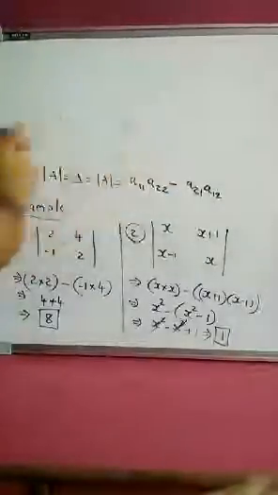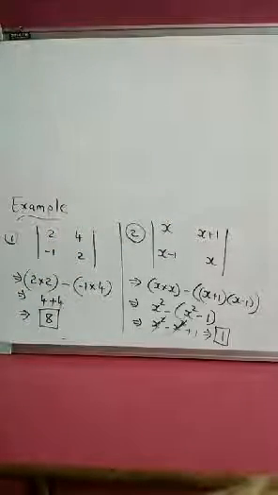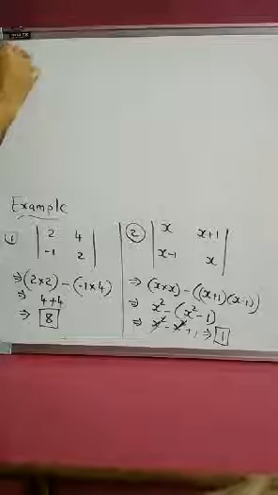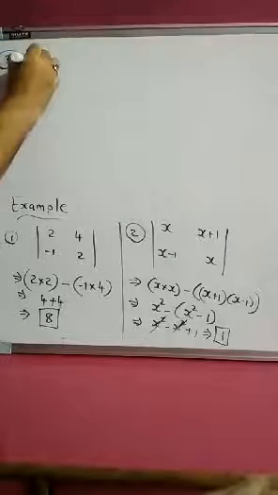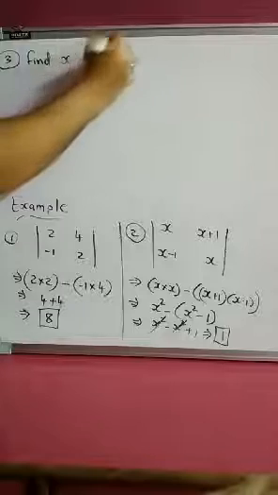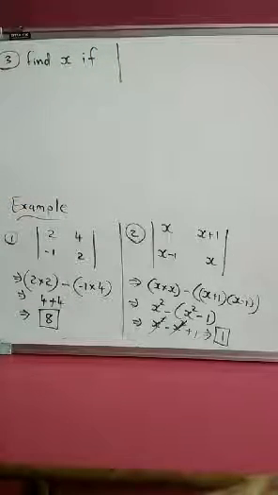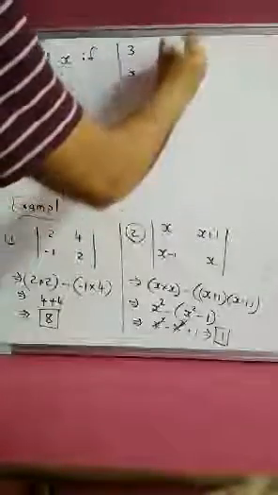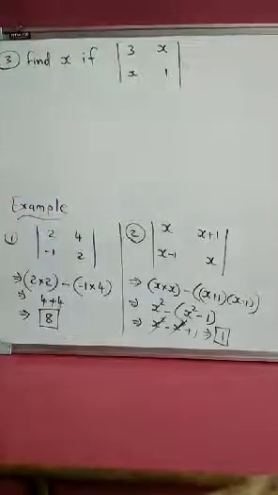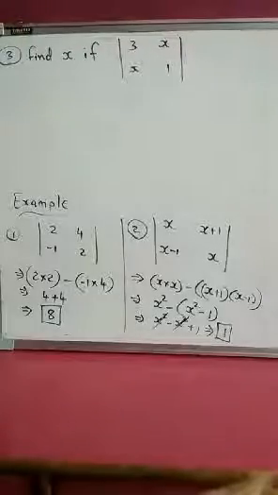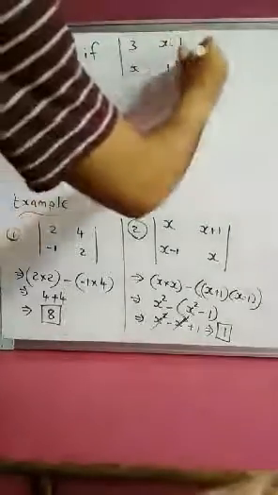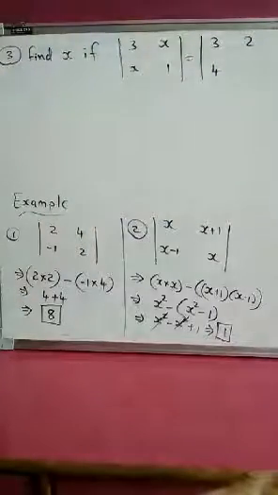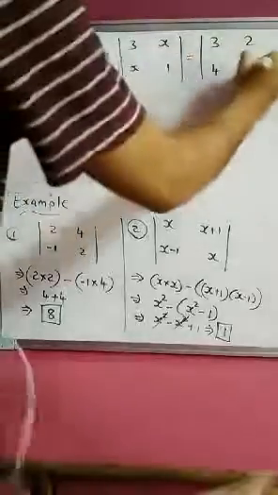In this example, what you are going to do is find the value of x. Suppose you have the question: find x if the determinant with 3, x in the first row and x, 1 in the second row is equal to the determinant 3, 4, 2, 1.